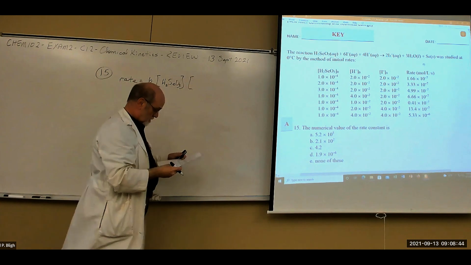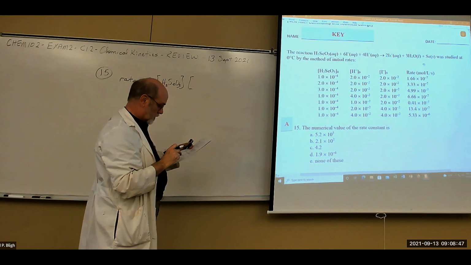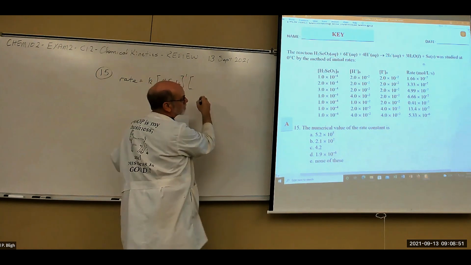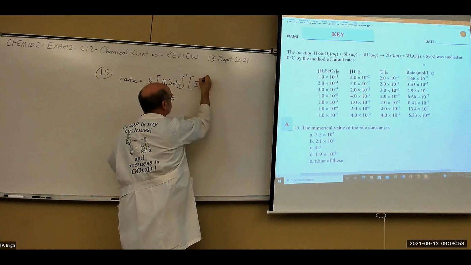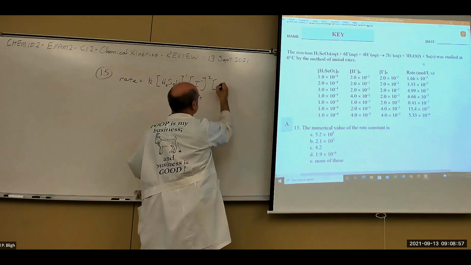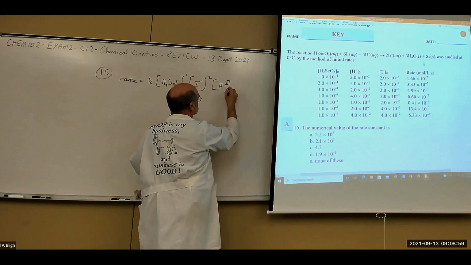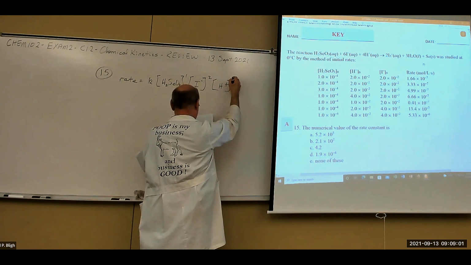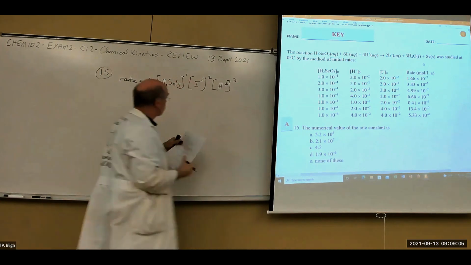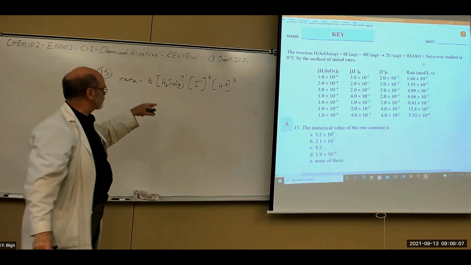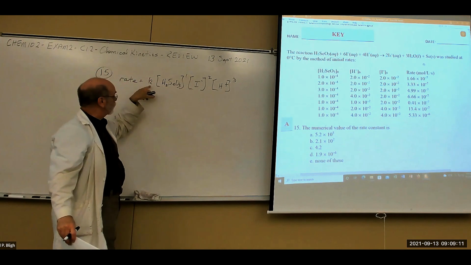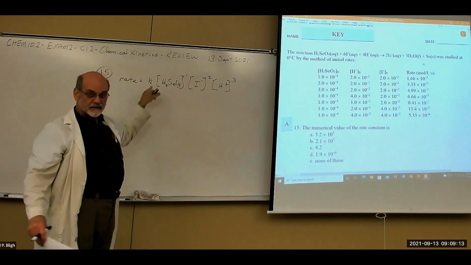We determined one here, and this one, iodide ion, is 2, and protons is 3. There we go. Okay. So we went through that whole process and we determined that this was the rate reaction. Now we want to find what's the K.